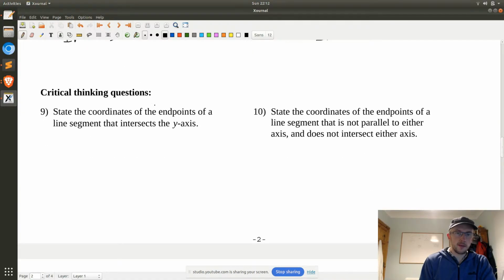State the coordinates of the endpoints of a line segment that intersects the y-axis. So, as it intersects the y-axis, that's all I know. Well, our endpoints of the segment.